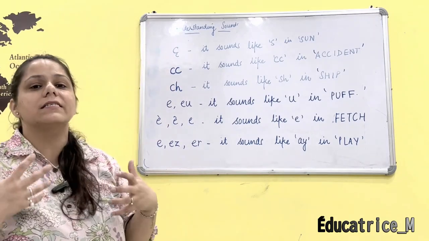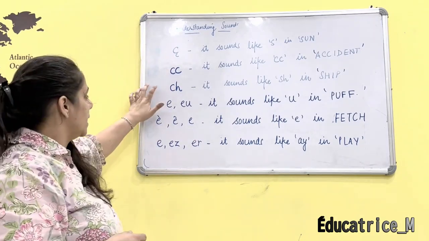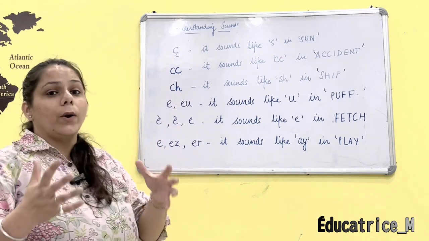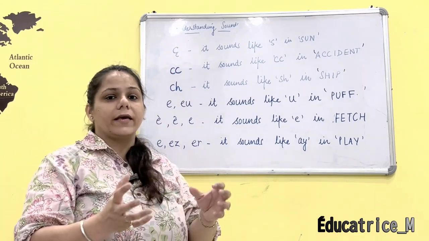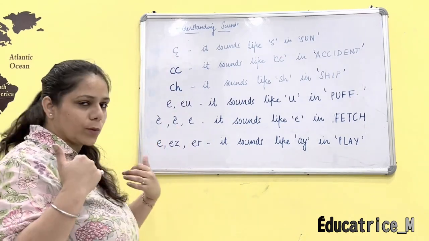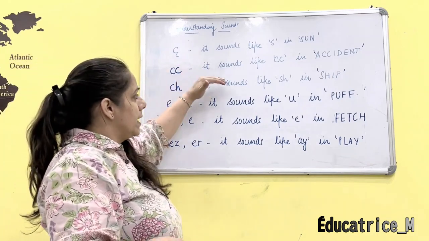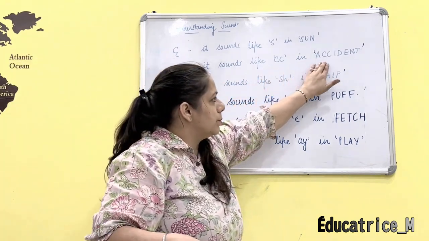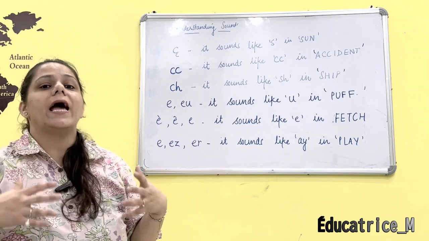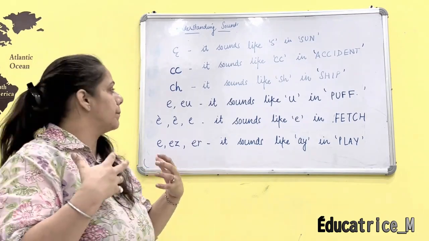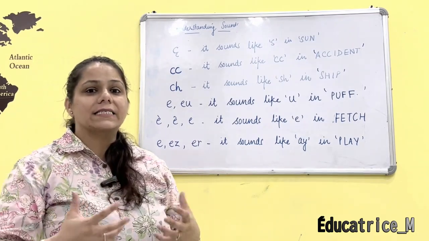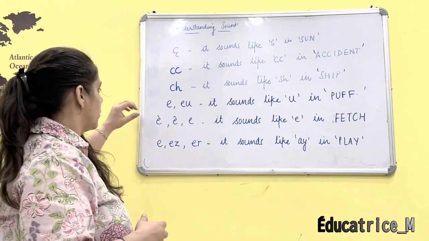It sounds like S, right? The next one is when double C appears together, like when there are two C's together in some word, then they make the sound of the double C in the English word accident. So it appears like K, accident, K, right?